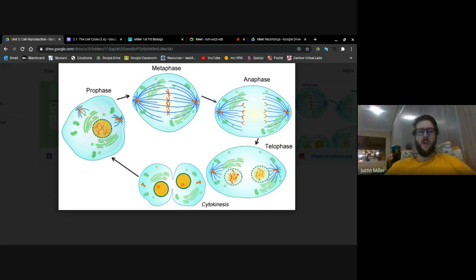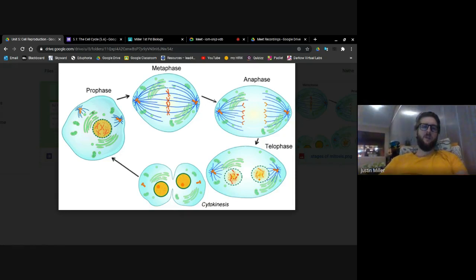And the cell is now ready to actually split in half, and each half become a new cell. The first stage of mitosis is what we call prophase. This is the P in PMAT. So in prophase, you need to know what happens. There's two very important things that happen.